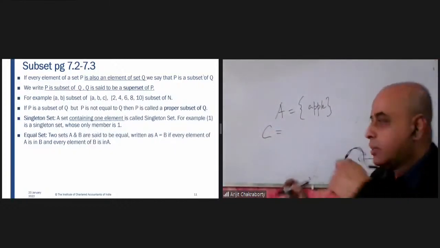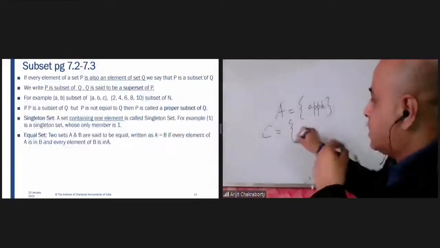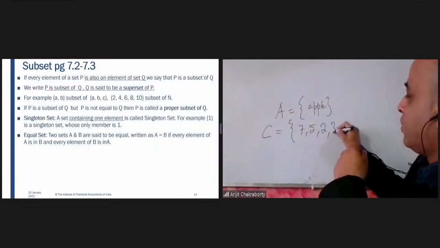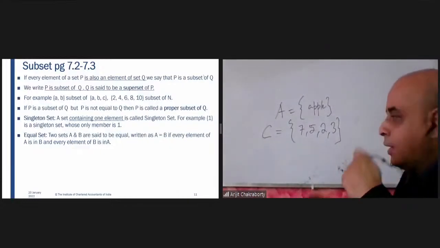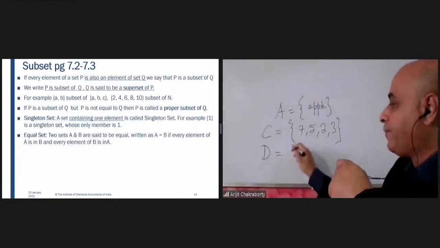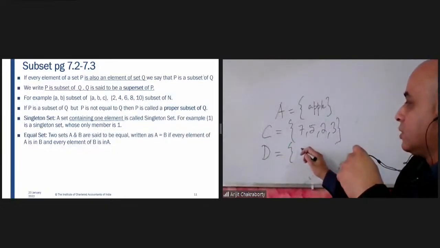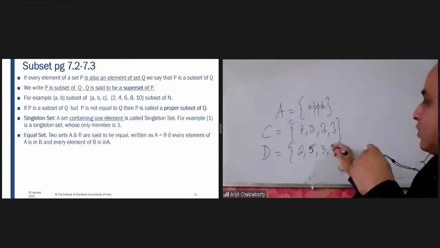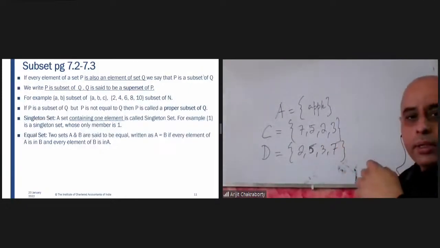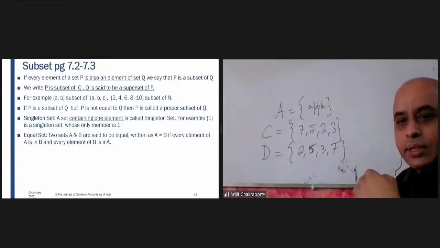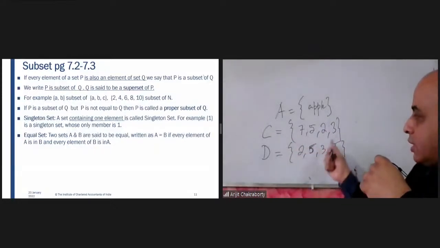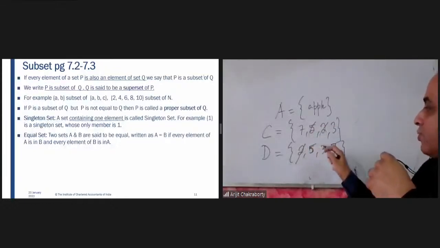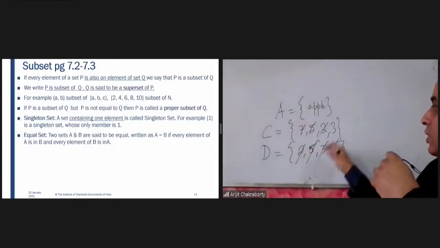C contains some elements. Let me write the elements. So it is 7, 5, 2, and 3. Okay. And we have another set D. I am taking the set in this way: 2, 5, 3, and 7. So we can see that all the elements in set C are there in set D also. 2, 5, 7, 3.